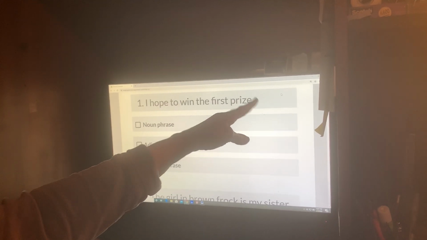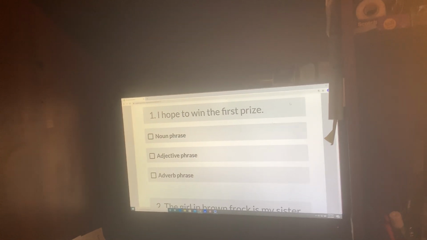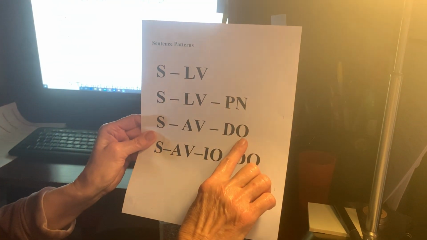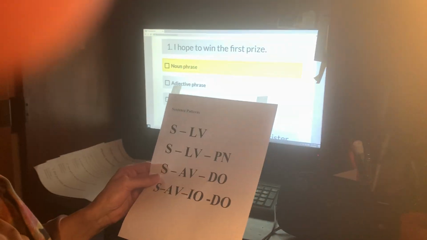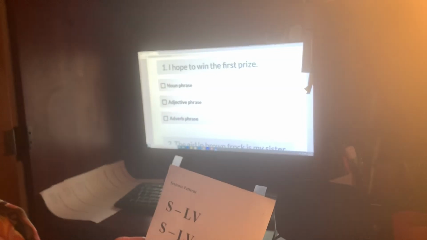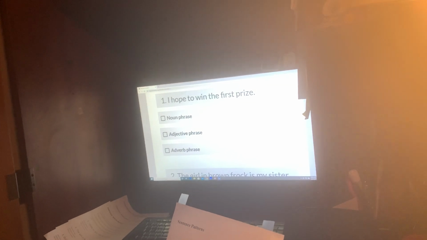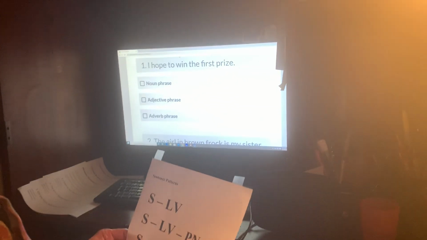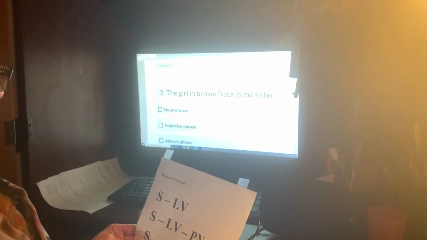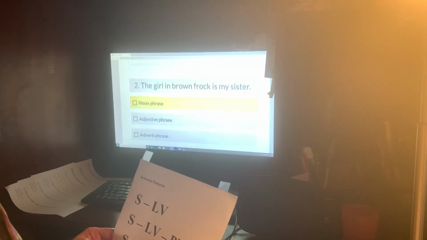To win the first prize. Action verb, DO. If this whole phrase is a DO, we know that this is a noun. Direct objects and indirect objects are nouns or pronouns. So, noun phrase. Correct. Try the next one, please.